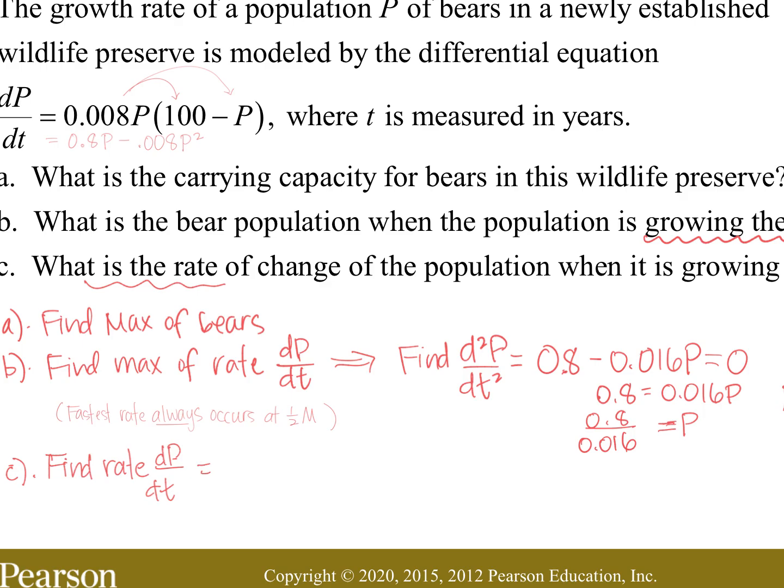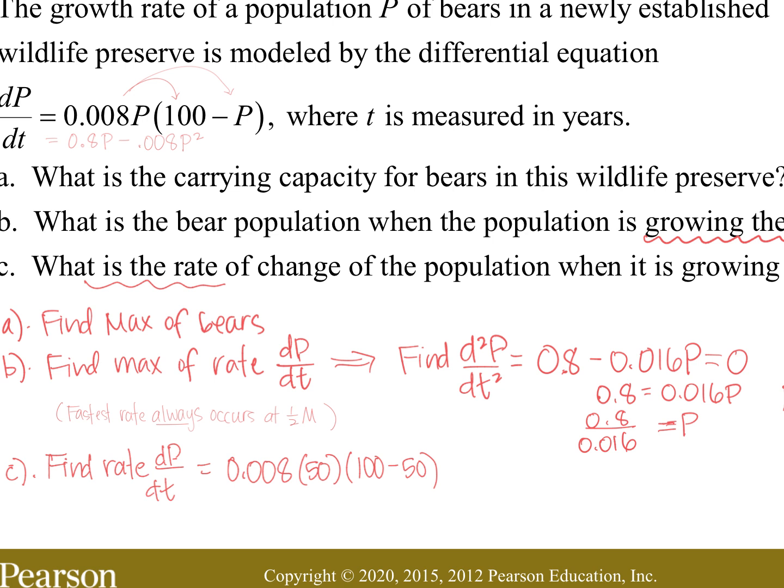So we know dP/dt is 0.008 times the population, which we now know to be 50, times 100 minus the population, which we know to be 50. So this is going to be 0.008 times 50 times 50.